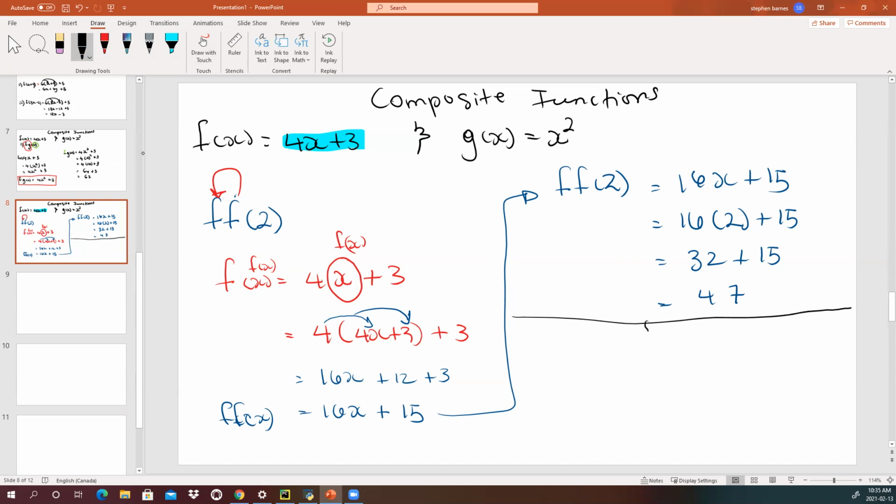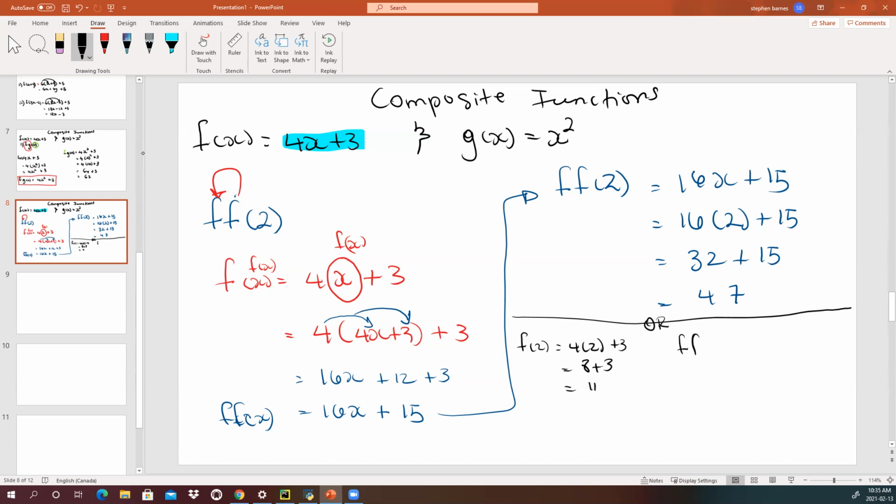Or we can put f of 2 first, which is 4 times 2 plus 3, which is 8 plus 3, equals 11. So that is f of 2. Then we put this f of 2 into the f function.